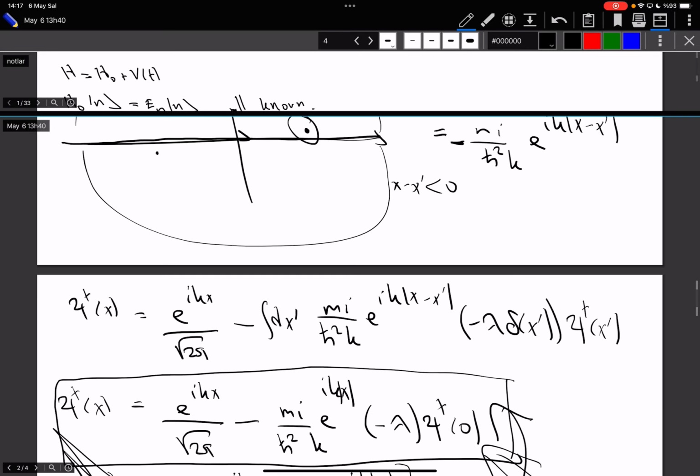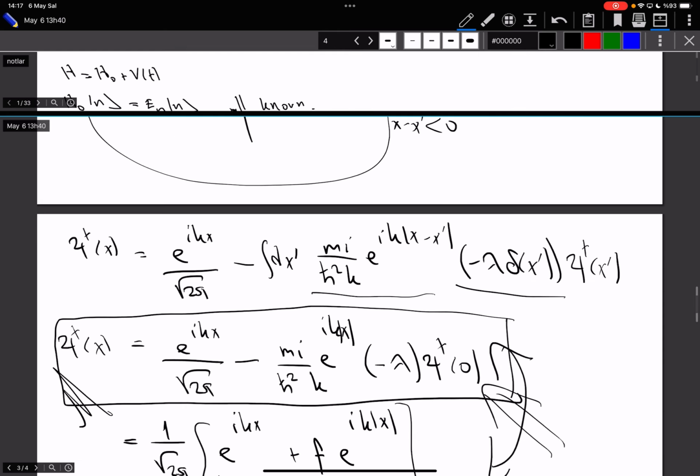Since the potential is a Dirac delta, I can evaluate that integral. Otherwise, as you said, I had to make the assumption that I am away from the potential and then expand this term in this small parameter and then do all the rest. But I'm not making any approximation in this case.